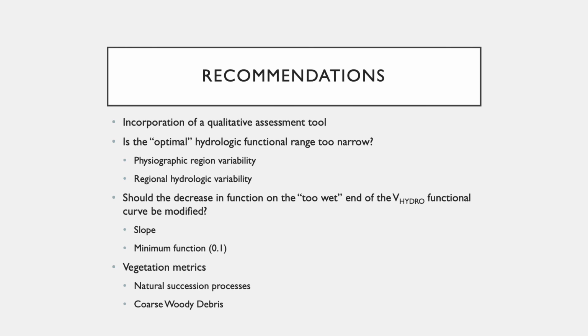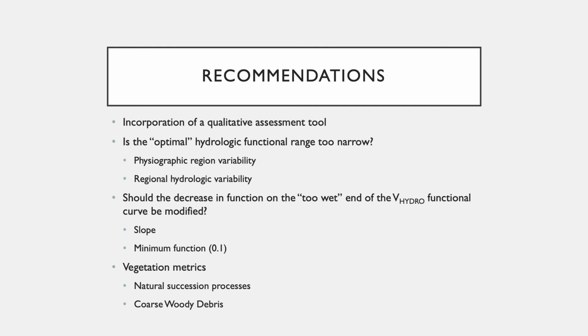It also appears that the optimal hydrologic functional range may be too narrow. In the example that we were looking at, we had a 6-day window that received a functional score of 1.